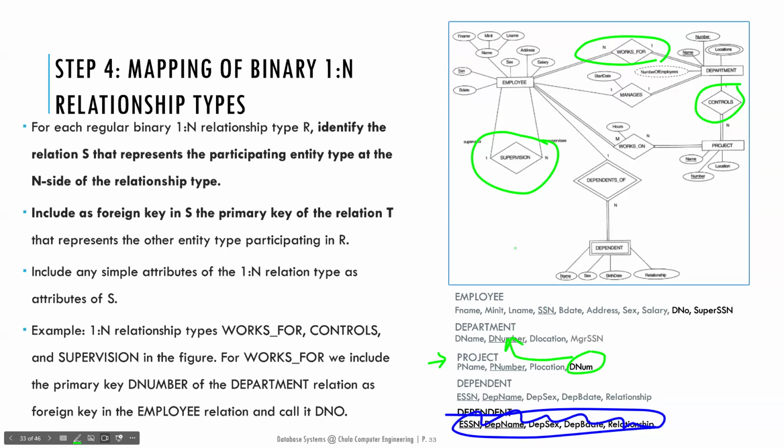And then the next step is do the works for. So for the works for, you see that the n is on the employee side, right? And then you include the number from department here. You see that? And then this D number has to be linked to department, right?